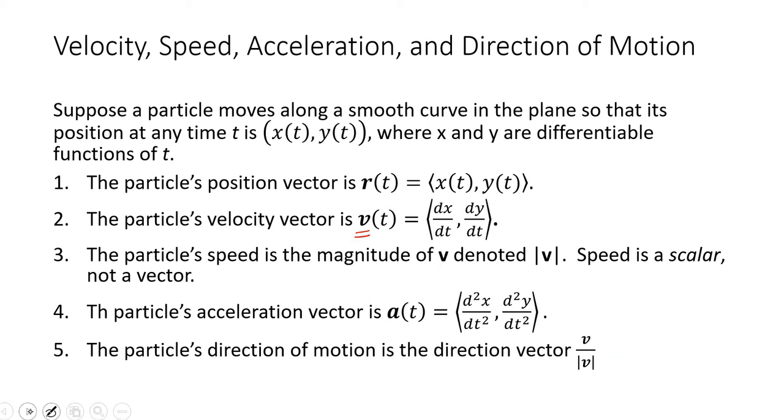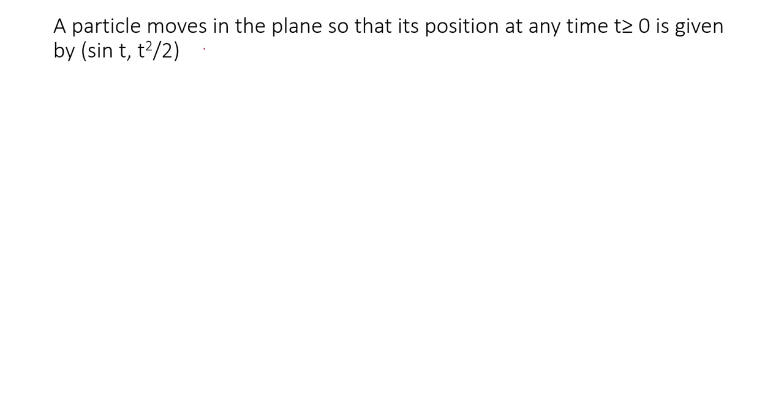All right, let's try something here. A particle moves in the plane so that its position at any time t greater than or equal to 0 is given by sine t comma t squared over 2.